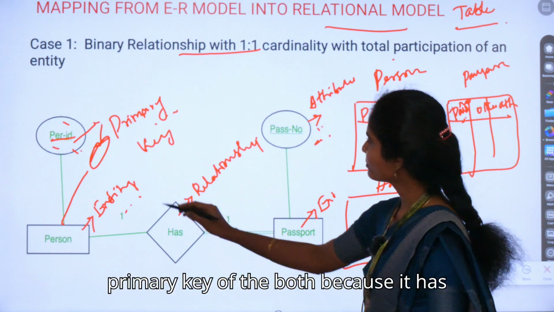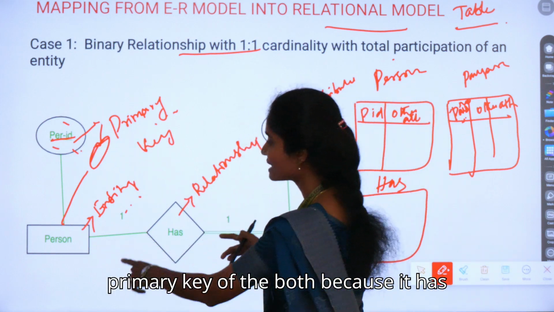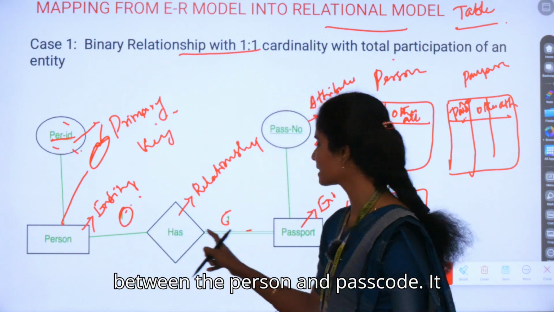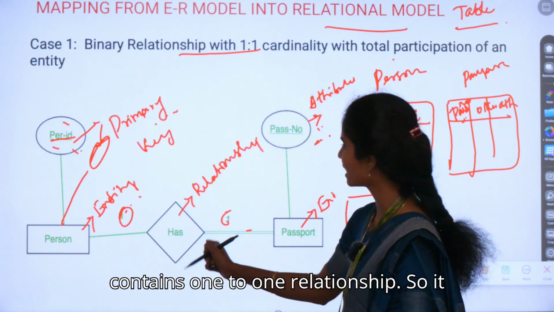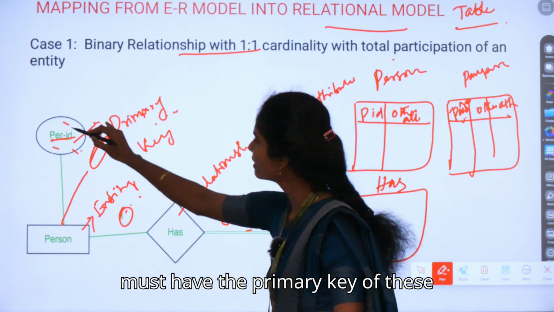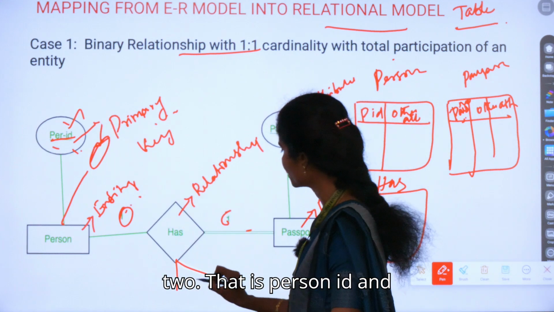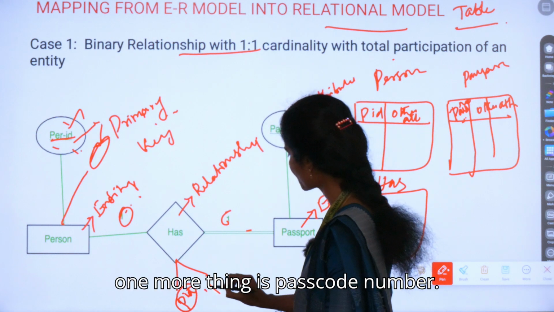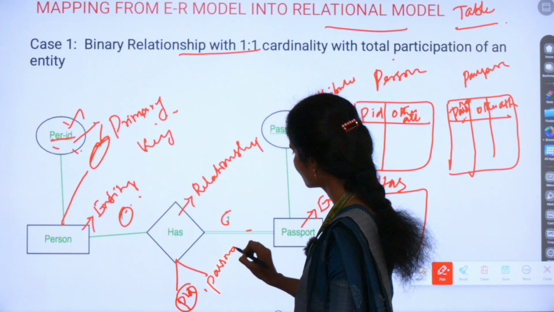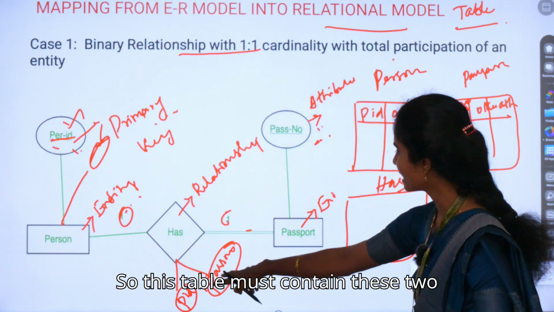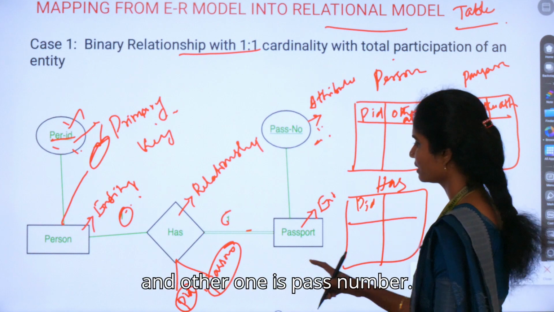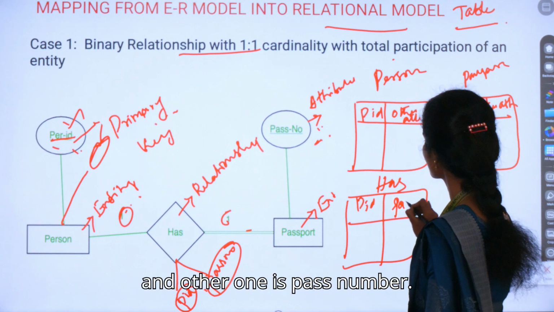It has the primary key of both because it has a one-to-one relationship between the person and passport. So it must have the primary keys of these two, that is person ID and passport number. So this table must contain these two things, person ID and the other one, passport number.